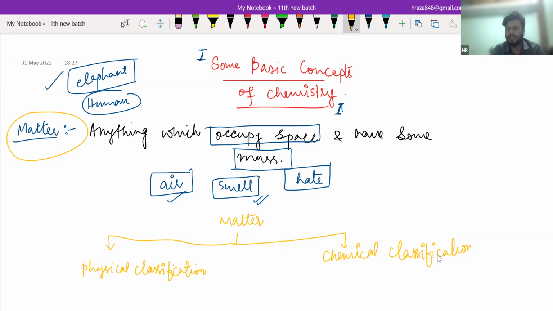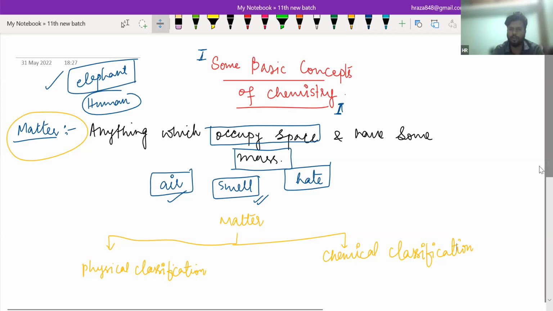Physical classification is basically about the physical state, which you know already. Please write it down, then I will change the slide and explain what the physical classification is and what the chemical classification is.